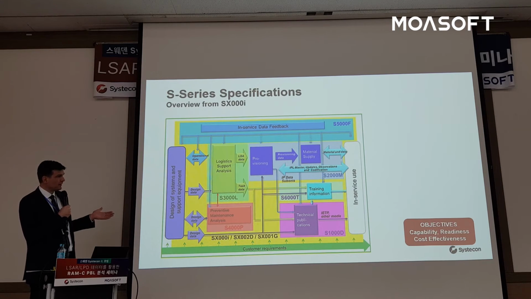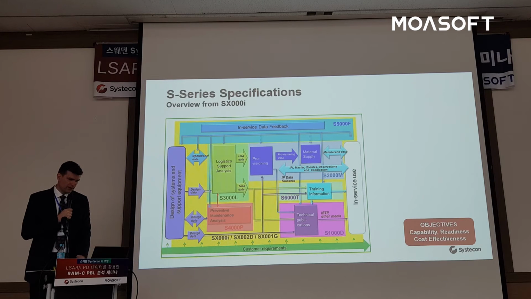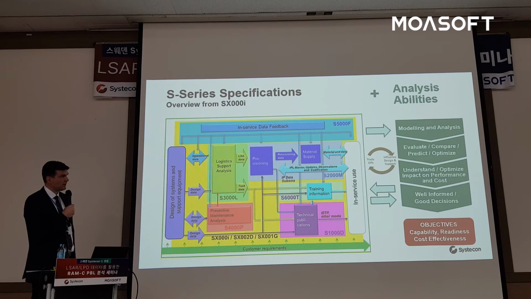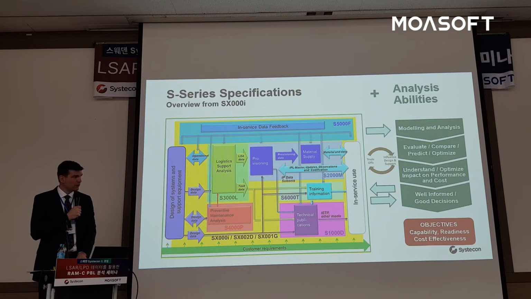And this provides a very good framework and a network, but to reach the objectives, to have capability and readiness and cost effectiveness, you combine that with analysis capabilities to really work iteratively and evaluate and compare how you're reaching those objectives. In the end, the aim for both is really to achieve these well-informed and good decisions that always keep cost effectiveness in focus.